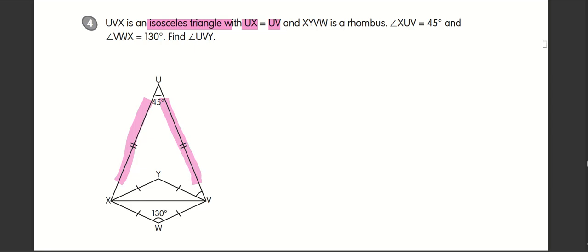These two lines are equal. And then you have UVX. So this is the isosceles triangle, the first one, pink color.